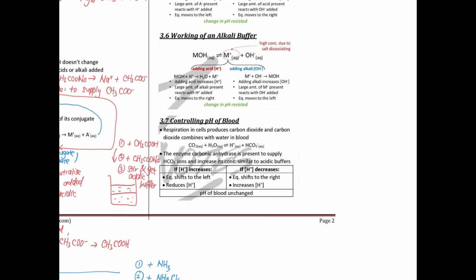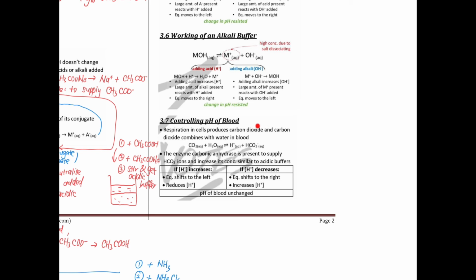So this is an example of how a buffer works. Where can we see a buffer? It is in our blood. First, you see respiration in cells produces carbon dioxide.